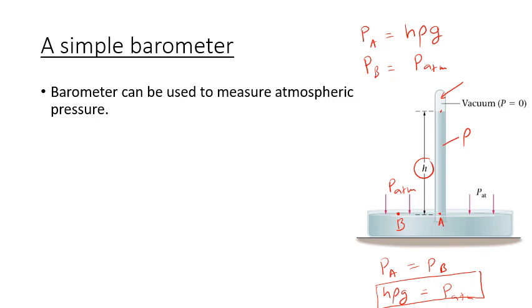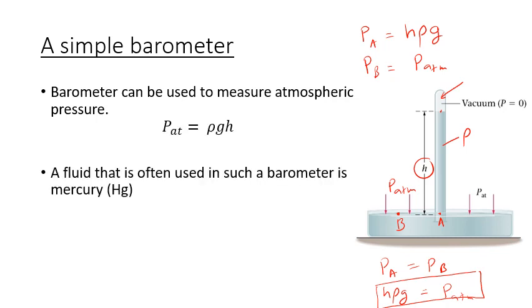And you can report this h value as the measurement of the pressure. So in a simple barometer using a liquid column like this, we typically use the height of the liquid column as the pressure, and typically we use a high density liquid.